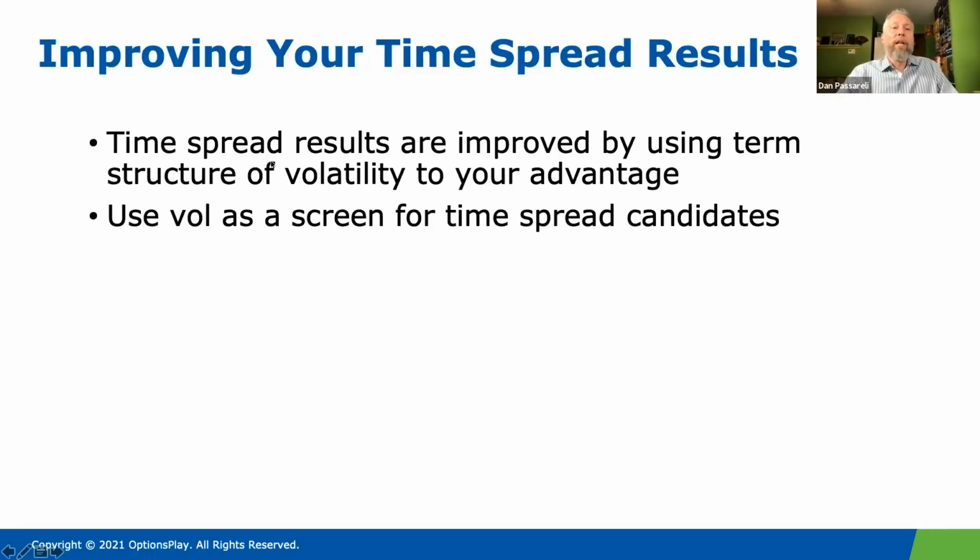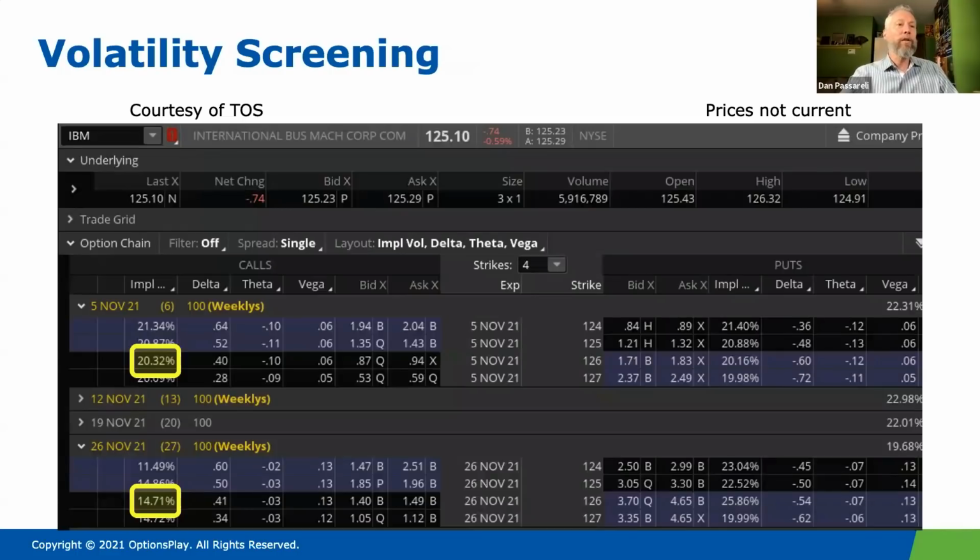Well, look, time spread results are improved by using the term structure of volatility to your advantage. We use the volatility as a screen for time spread candidates. So here's an example. This is a time spread one could have put on an IBM, right? Maybe we think that IBM is going to stay in a range.